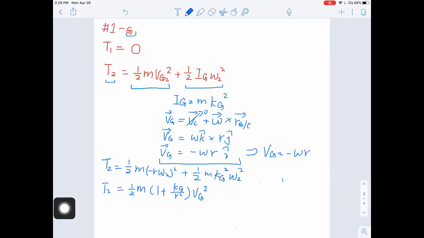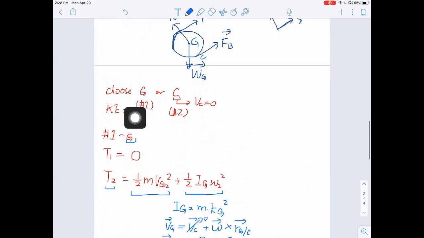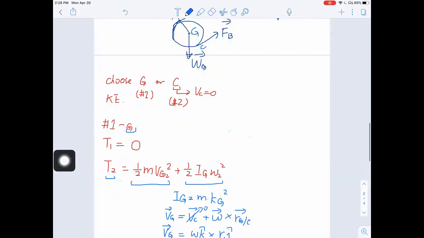And like I mentioned earlier, you can either pick point G or point C to analyze kinetic energy. In this case, if you pick point C, your kinetic energy equation is just 1/2 Ic omega square.